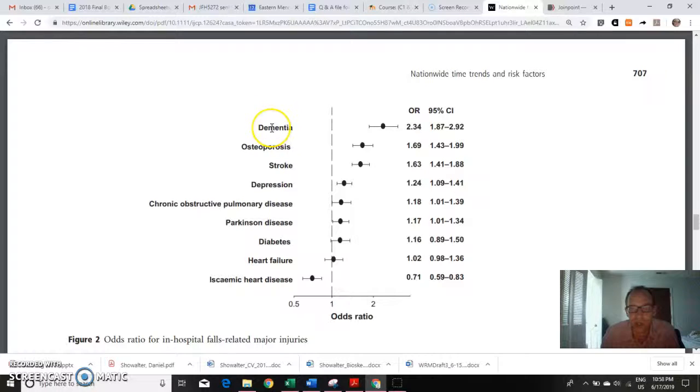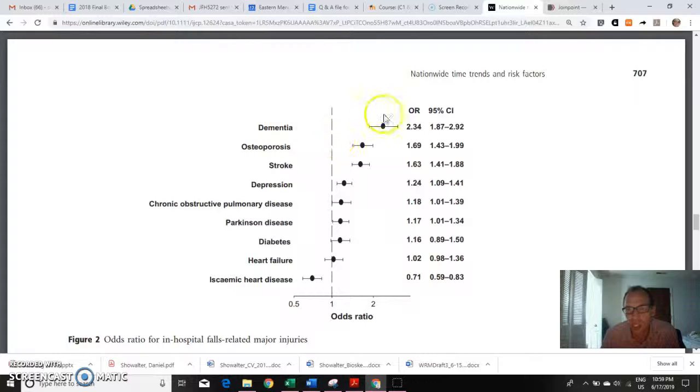What we want to know is whether coming into the hospital with one of these conditions, prior conditions before this fall that took place or didn't take place, prior to being admitted to the hospital, puts them at a greater risk for having a fall, a major fall, while they're in the hospital? So let's take a look at the first one and what that means.